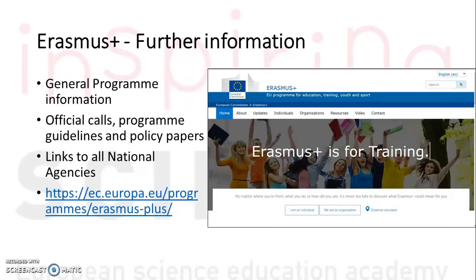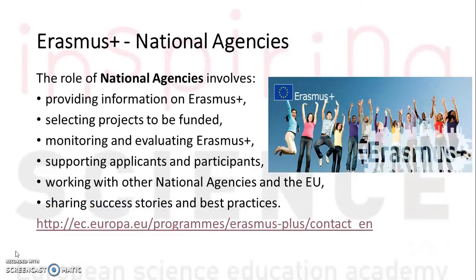Other information about the Erasmus Plus program in general you can find on the homepage, where there are also other calls for other projects available and especially also the link to all national agencies. The way the Erasmus Plus program is structured is that in each of the 33 program countries there exists a national agency that deals with certain aspects of this program, and one of them is the Key Action 1 staff mobility projects.